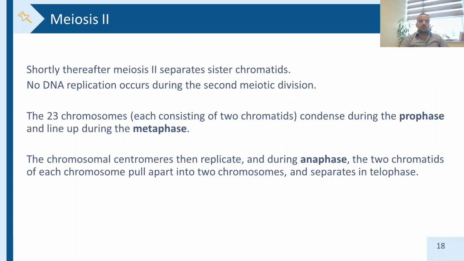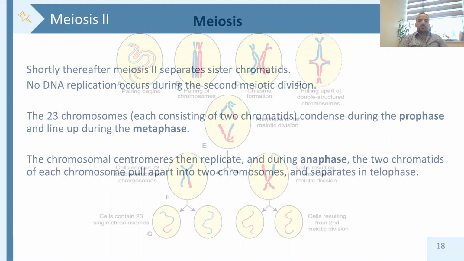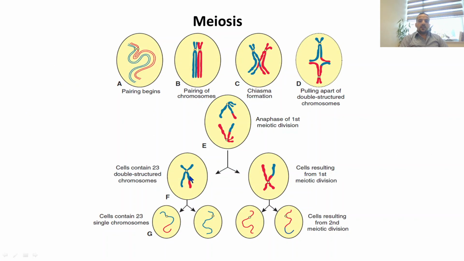بعدها يجي المايوسيس 2 يبدي shortly after the meiosis 1. قبل المايوسيس 2 ما يصير DNA replication، حتى بعد أن يصير المايوسيس تصير الناتج مالت المايوسيس 2 cells that contain only 23 chromosomes. تصير نفس الخطوات. بالبروفيس يصير condensation of the chromosomes، بالميتافيس يتجمعن الكروموسوم بالاكواتوريال بلين، وبعدين بالانافيس the chromatids will be pulled and then each cell will be divided into two cells.